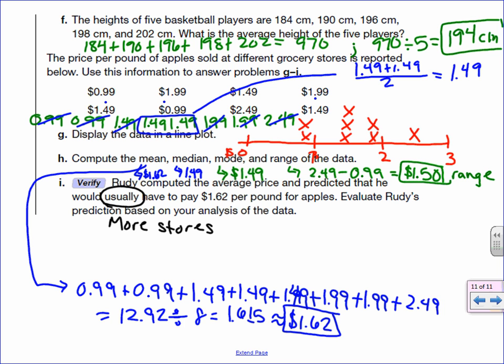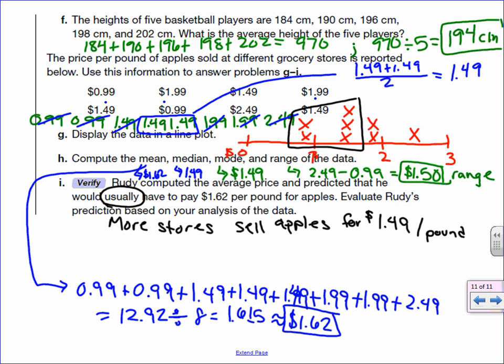Another thing to look at, kind of like with the house, is that all of these points here are less than $1.62. So more stores sell it for less than $1.62 than sell it for more. So more stores sell apples for $1.49 per pound or less than sell for $1.62 or more.